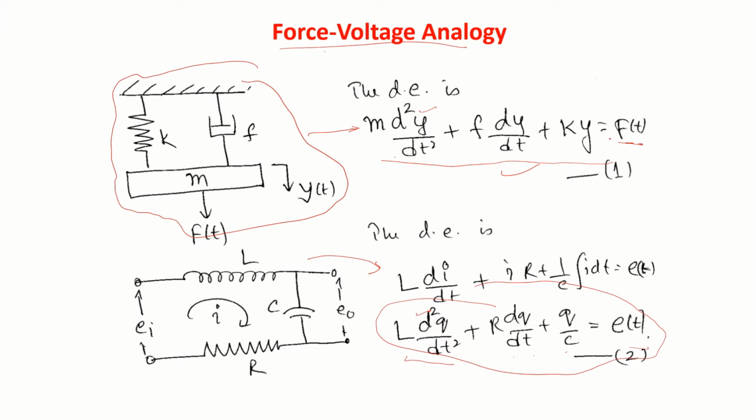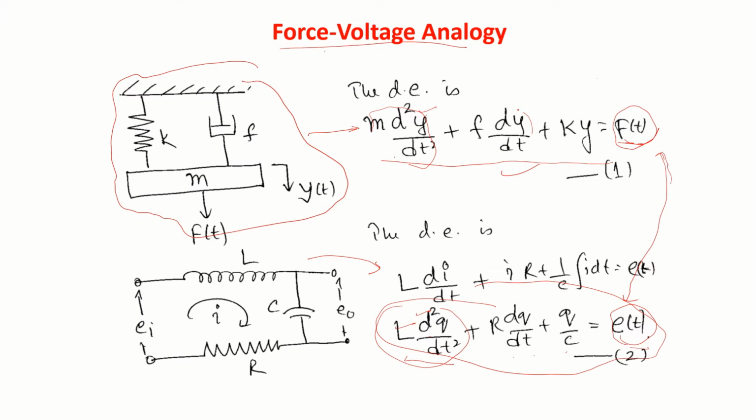Both are second order differential equations. In this case the forcing function is force, in the mechanical system. Here the forcing function is voltage. So the force can be represented by an equivalent voltage. So these are all forces, these are all voltages. This is the inertia force, this is a voltage.